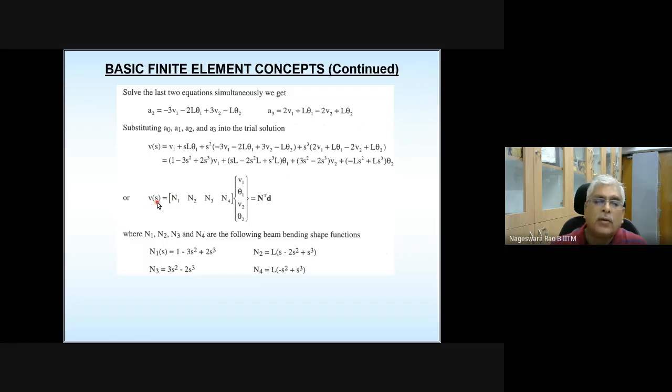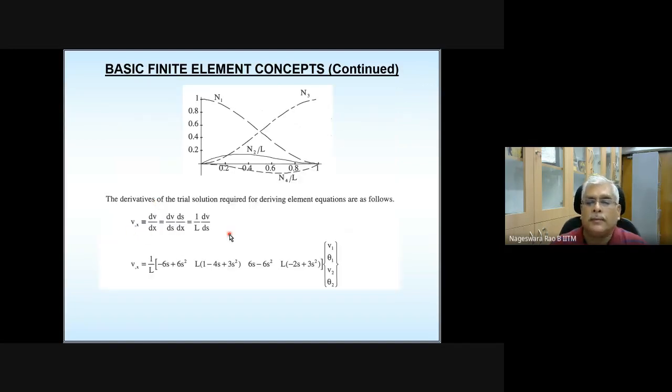If you want the derivative of V with respect to X, you can make use of the chain rule and write like this. This is where we stopped yesterday: the plot of the finite element shape functions for the two node beam element. So let's continue from here in today's class.